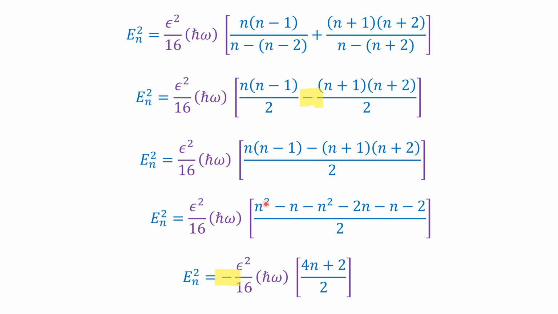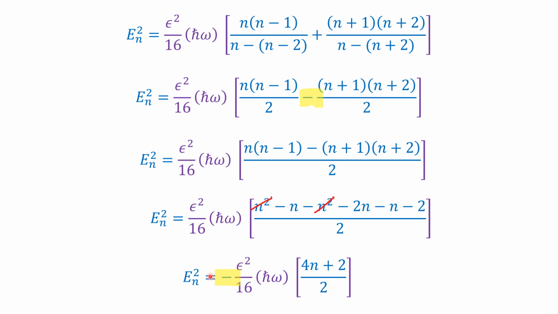So here you can simplify: this plus n squared cancels with this minus n squared. Here you have minus n, minus 2n, minus n. So minus 4n minus 2. You take the minus out. So this will become, inside the bracket, 4n plus 2, divided by 2.